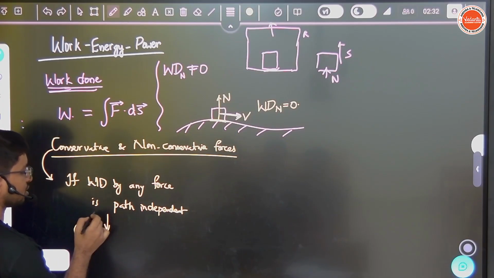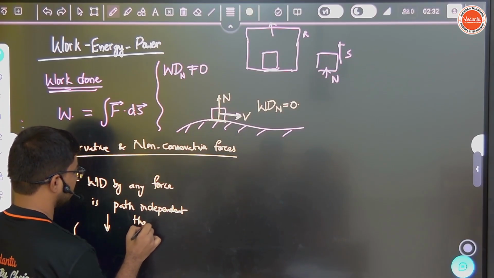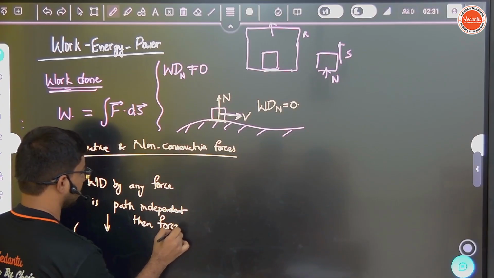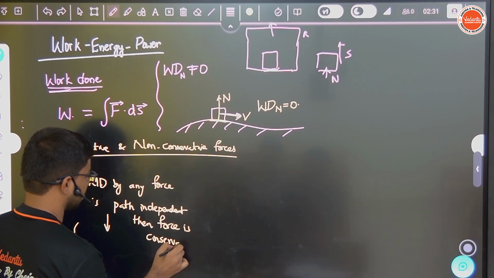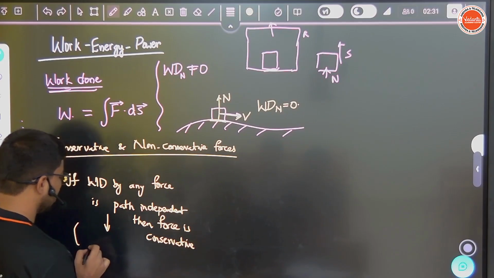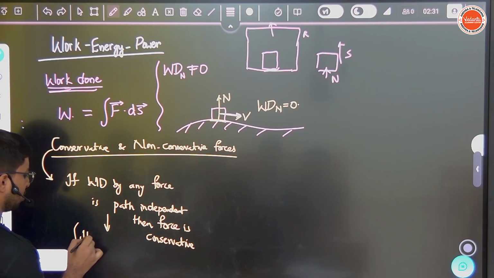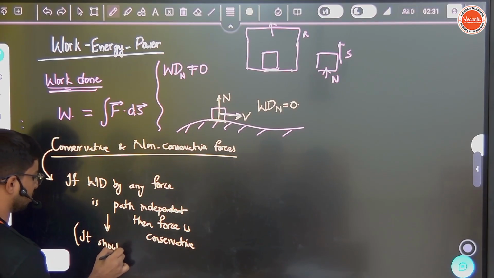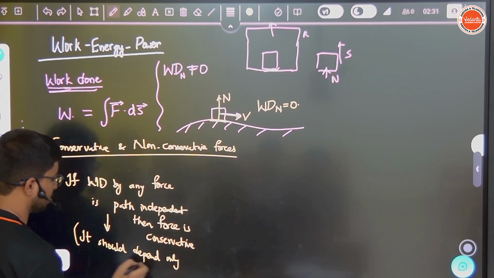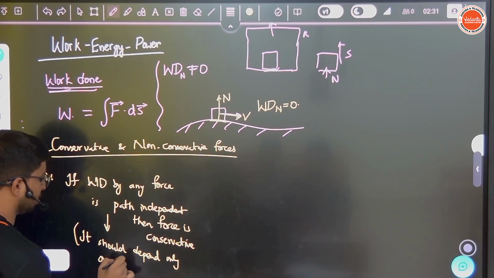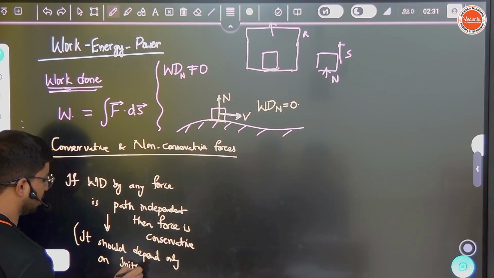And if it is path dependent, then the force is non-conservative. So a conservative force depends only on the initial and final points.